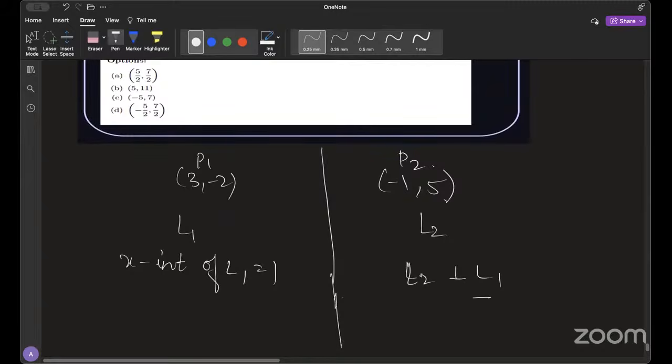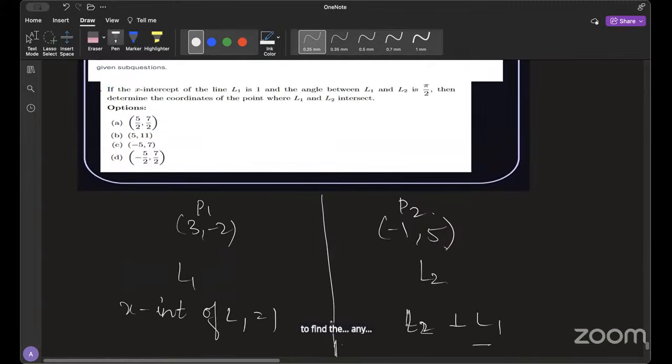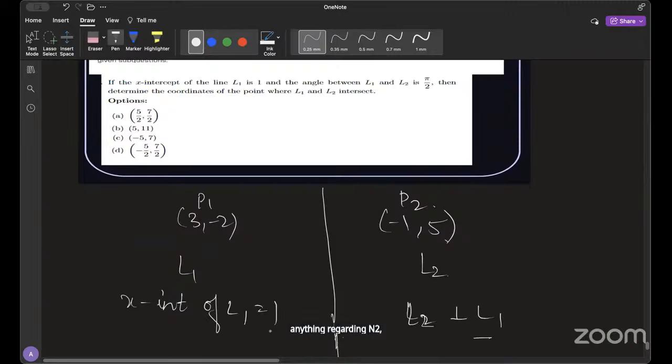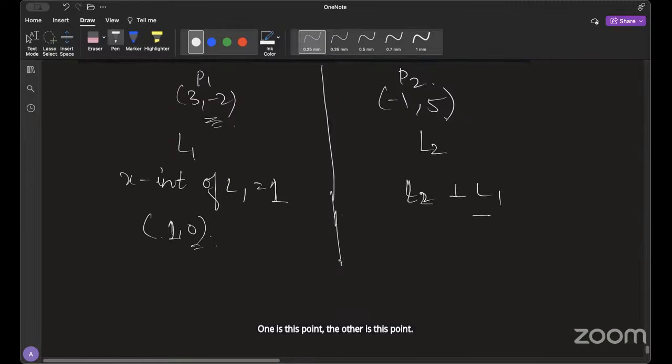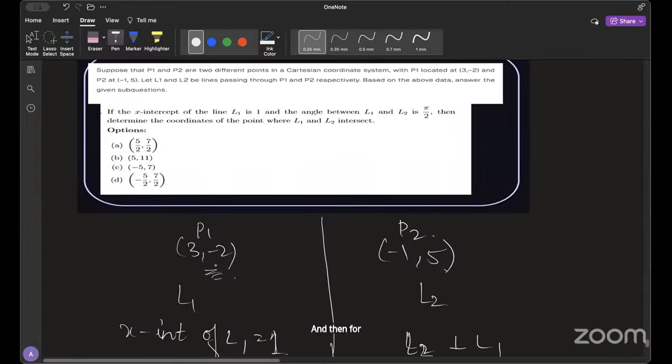To find anything regarding L2, you first need to find L1, right? So a point is given to you and the x-intercept of L1 is given to you. That means another point on L1 is 1 comma 0. If the x-intercept is 1, the point is 1 comma 0. So we have 2 points.